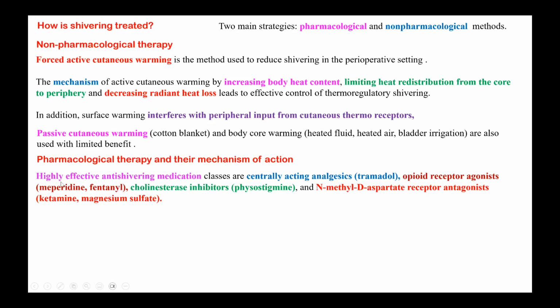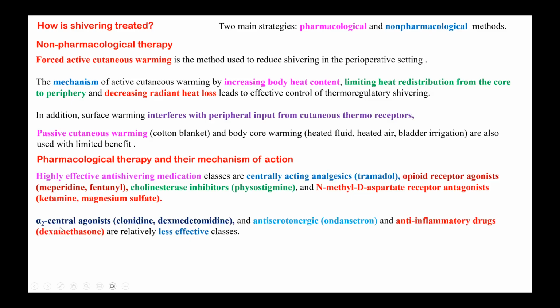And pethidine is another wonderful drug which, given 25 to 50 milligrams IV, will also prevent the occurrence of intra and post-op shivering. Physostigmine, though recommended, is not commonly used. And the NMDA receptor antagonists like ketamine and magnesium, though powerful, have their own side effects, so they are not commonly used.